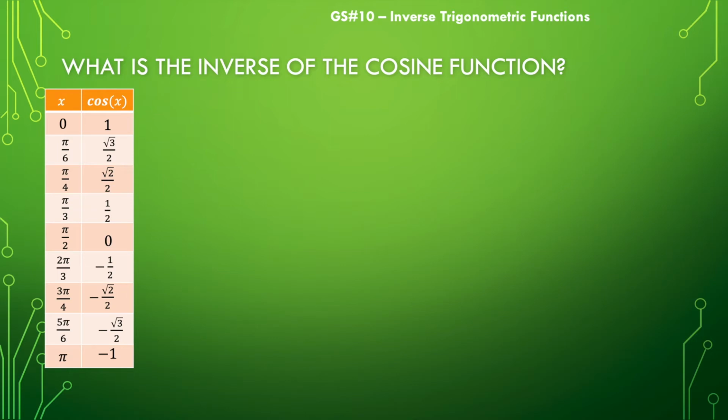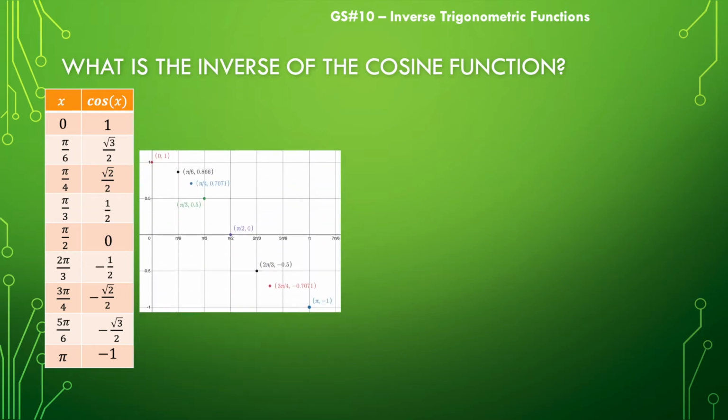If we plot these points on a coordinate plane, we get a partial picture of the y equals cosine function, but that is exactly what we want to restrict our domain to, so that we can then look at what the graph of y equals the inverse cosine looks like.